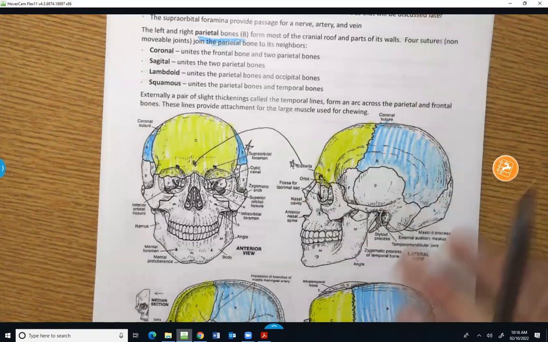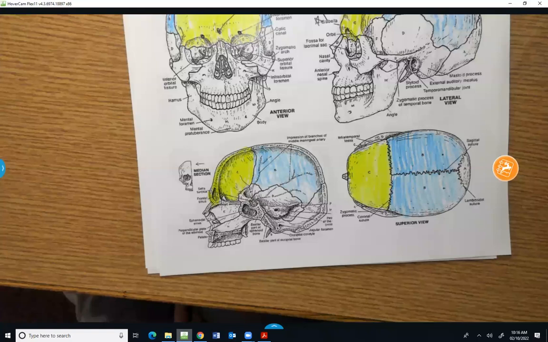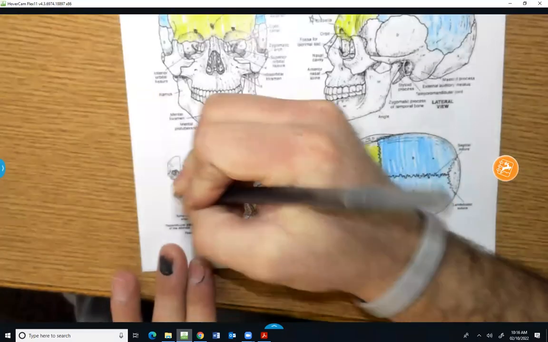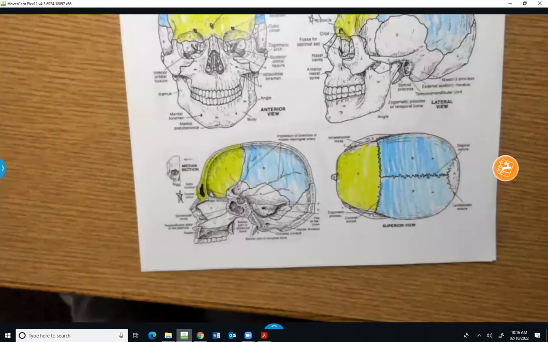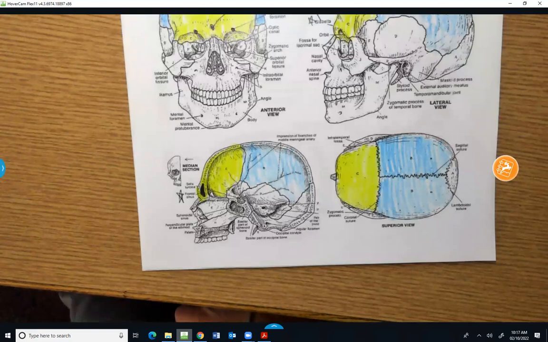Last structure, and it's really the only reason I include this bottom left image, and I'm going to darken it in, is what we call the frontal sinus. We actually have 2 of them. These are little pockets in our frontal bone. They are lined with mucus and they actually connect with our nasal cavity.